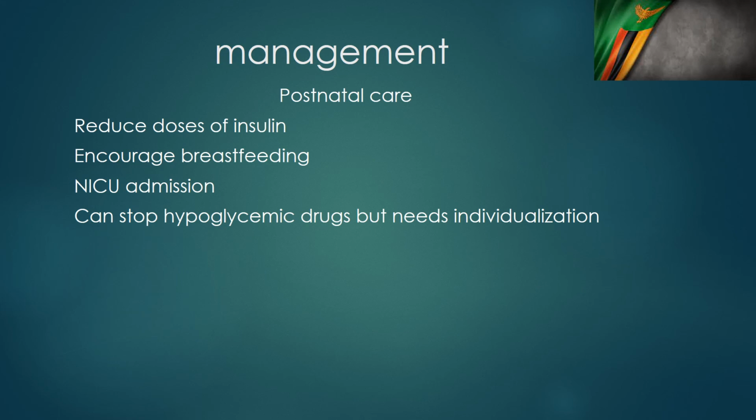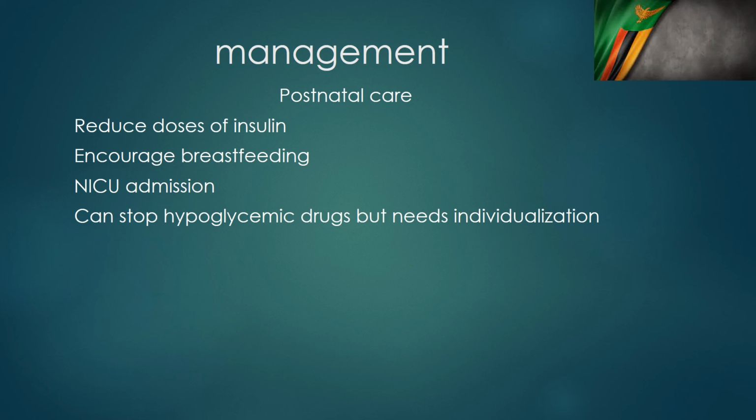So we've already talked about how the need for hypoglycemics reduces immediately after delivery because the placenta has been delivered. We need to remember that we need to encourage breastfeeding, because breastfeeding helps in sugar control, because breastfeeding needs a lot of energy.